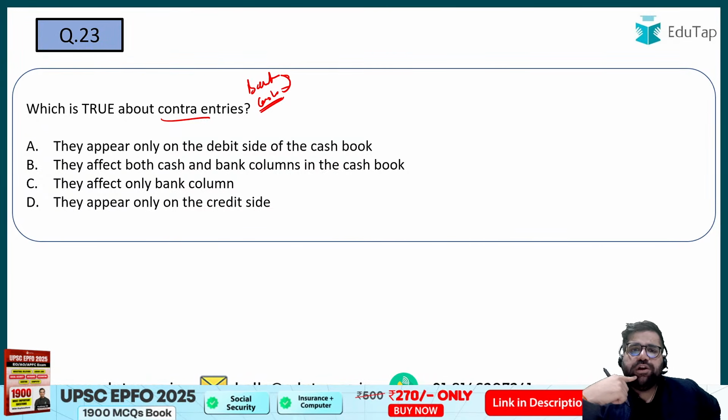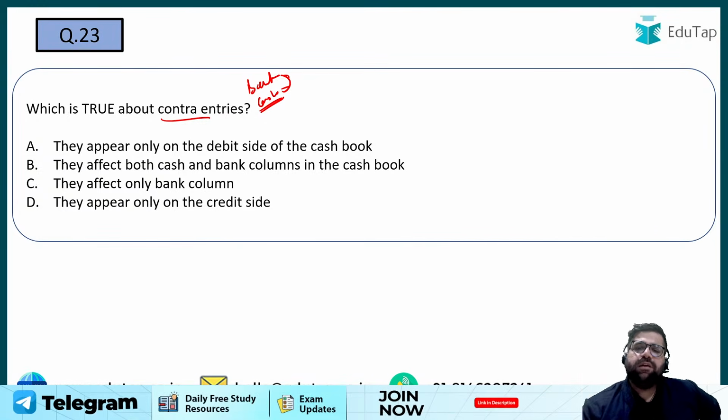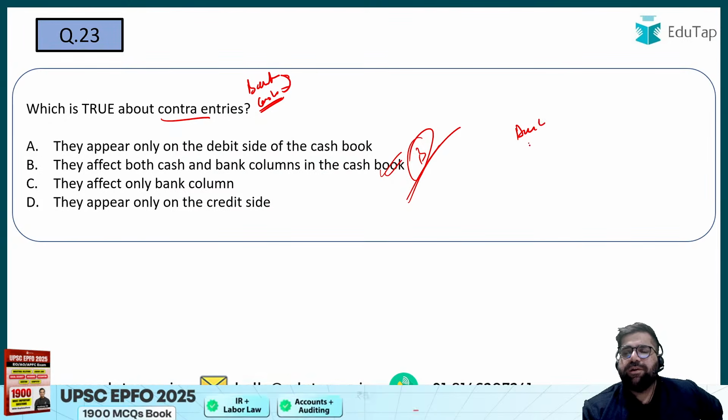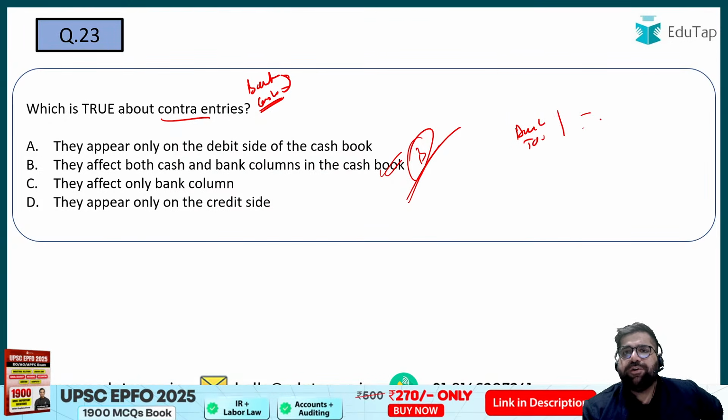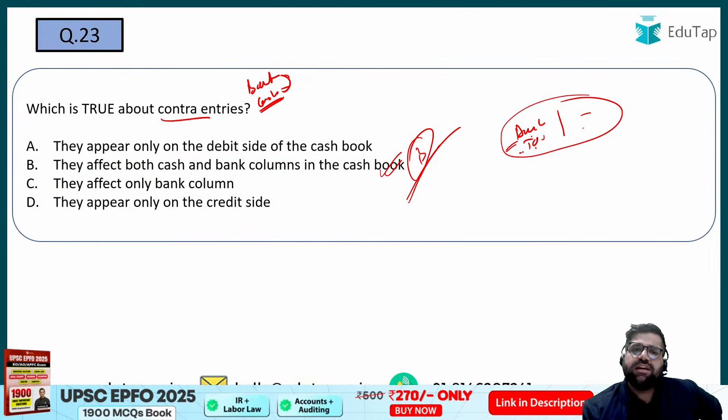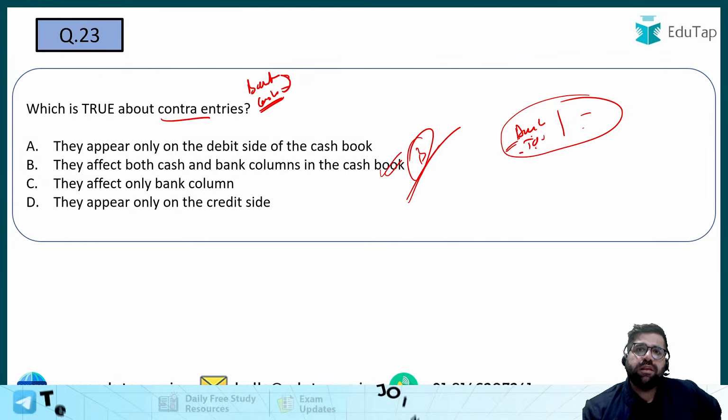These appear only on the debit side of cash book. No. They affect both cash and bank columns. Yes, that will be the correct answer, which is option number B again. Contra entry will be like bank account debit to cash or cash account debit to bank. So two accounts, bank and cash, this is known as contra entry, right?